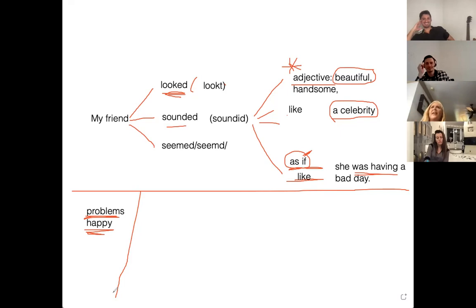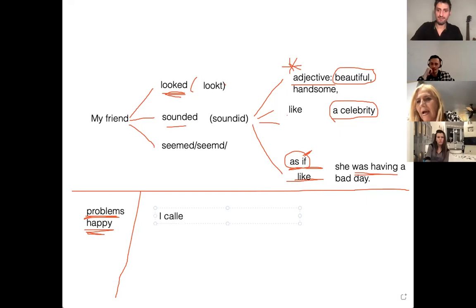Yesterday I called my comadre, and she sounded worried. I asked her what happened, and she told me her mother was sick.